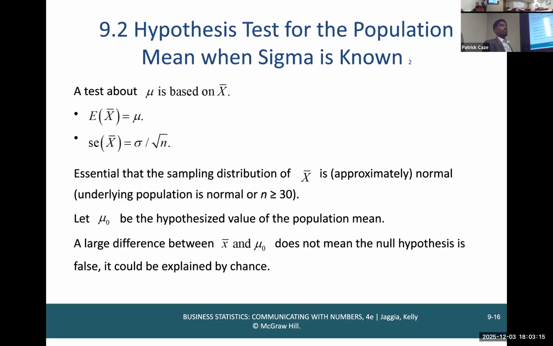As I said before, if we fall in the 95% category, or within two standard deviations of the mean, that's considered normal. It could be chance, it could be fate, it could be whatever it is.